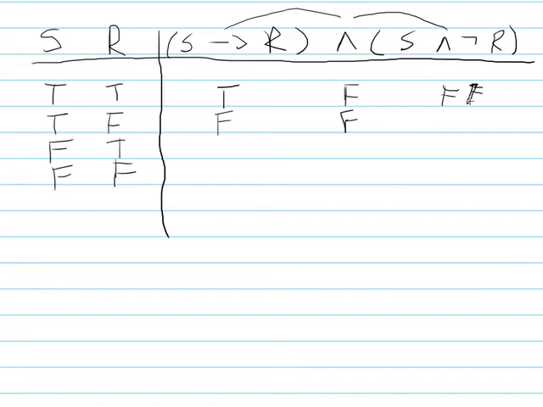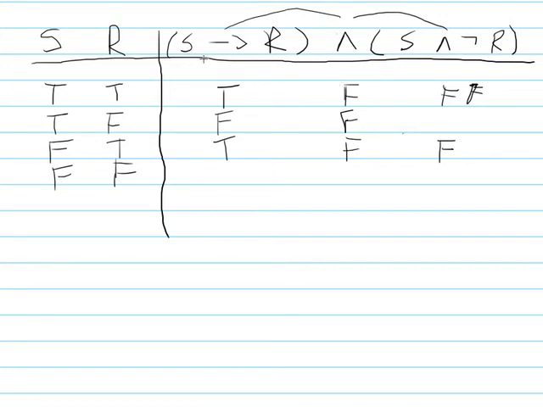So we don't even have to look at this one on this row. Now here, this third row is not a case where the conditional is false, so we know it's true. So now we have to look at whether the second conjunct, this conjunction here, is true or false to see whether the overall conjunction is true or false. We have that S is false in this row, which means that this conjunction will be false, which means the overall conjunction will also be false.